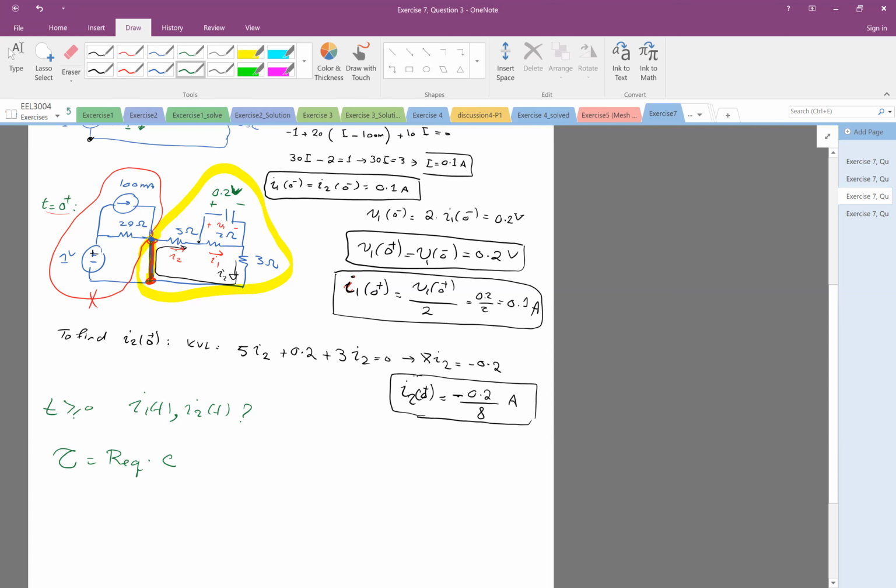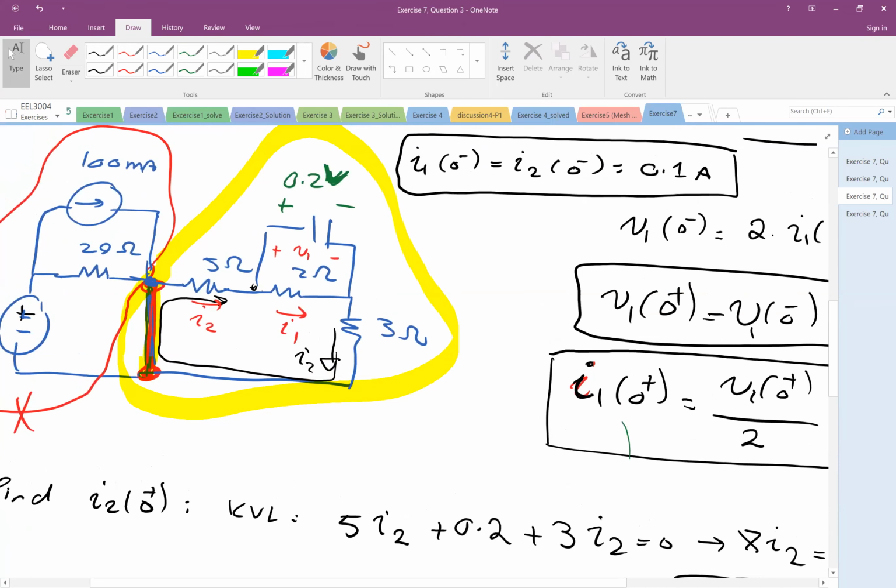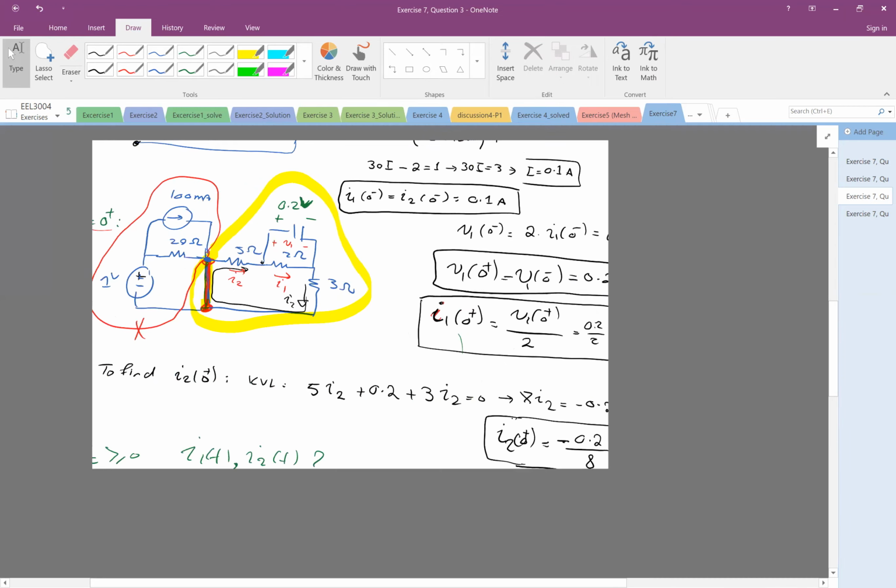Or we can go with the general formula, where I need the initial condition and also the final, let's say current I1 at infinity and I2 at infinity. Because there's no current source, I1 at infinity would be 0, and I2 at infinity also would be 0. At infinity, the capacitor will be open and there's no voltage source or current source basically. So those two values are going to be 0.